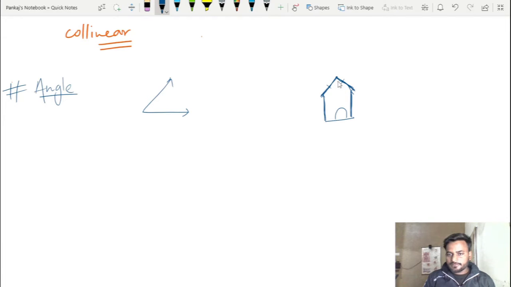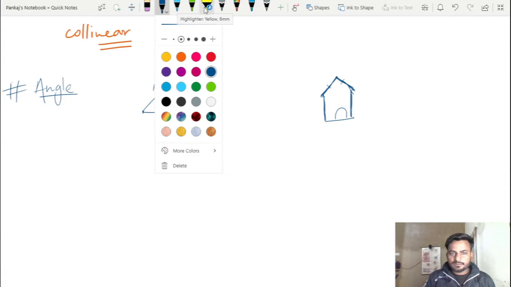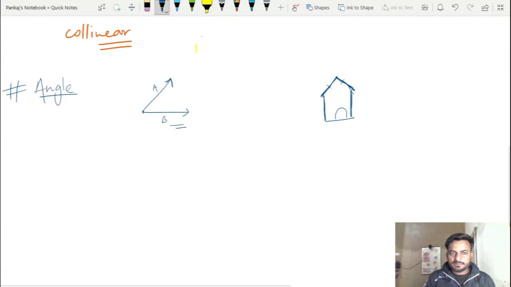So if we take this figure where the two lines, A and B, are intersect at a point, and between these lines some space is captured.